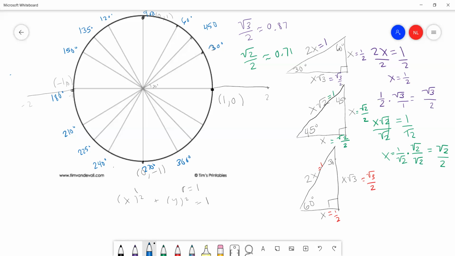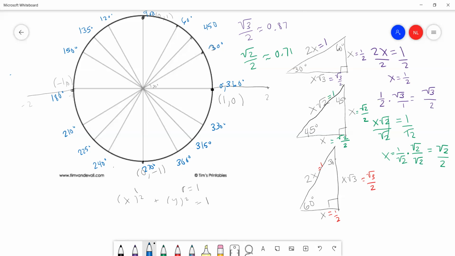If I were to add 45 to 270, I would be at 315. And if I were to add 60 to 270, I would be at 330. And if I were to add a full 90 degrees to 270, I would have made a complete circle, 360 degrees. This is also 0 degrees because you start here and you end there.